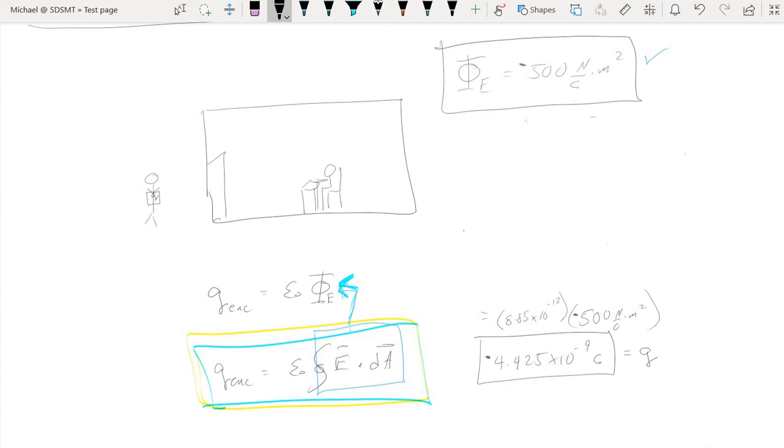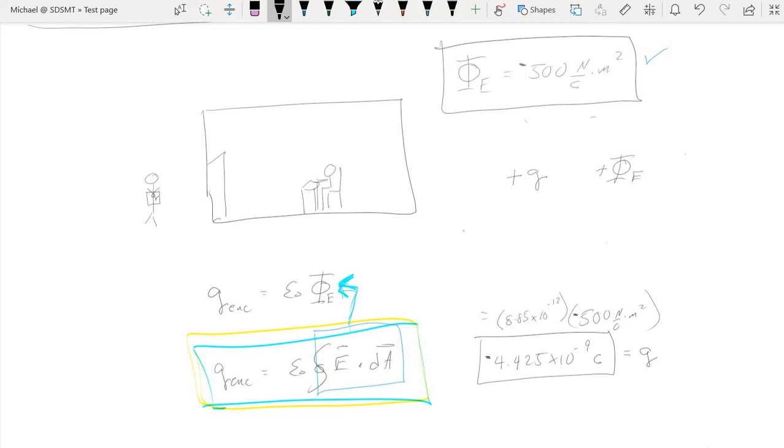So what's happened is that the first time your professor came into the room, your professor carried in a box that was filled with positive charges, because we had a positive net flux associated with the room.